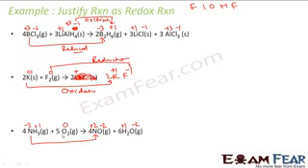Hydrogen is same. Oxygen, from 0 it became -2. This is reduction, right? Decrease in oxidation number, 0 to -2. This is -3 to +2. This is increase in oxidation number. This is oxidation. So thus if you see, all these reactions are redox reactions because they have increase and decrease in oxidation number. Correct?